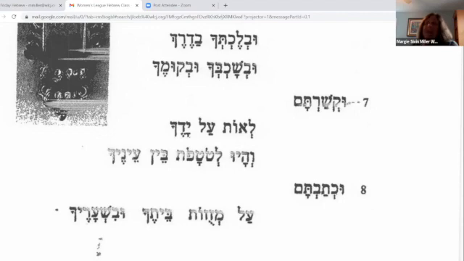The second letter is not a vet. It looks like it has that tail to it a little bit on the right side. It's not. It's a chaf. So it's uch, uch. Tav, tom. Good. Look at it again, and now Tom, you do it. Uch, tav, tom. Good.